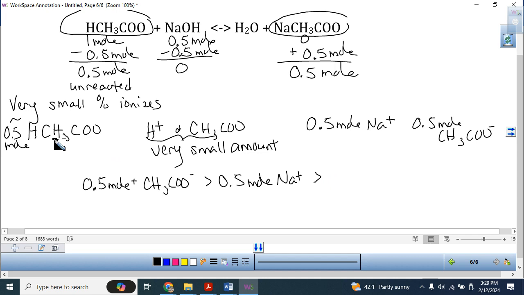And we have a little bit less than half a mole because some of this acetic acid dissociates. So 0.5 mole minus, slightly less than half a mole of HCH3COO. And then we have a very teeny tiny amount of the H plus. Very small amount.